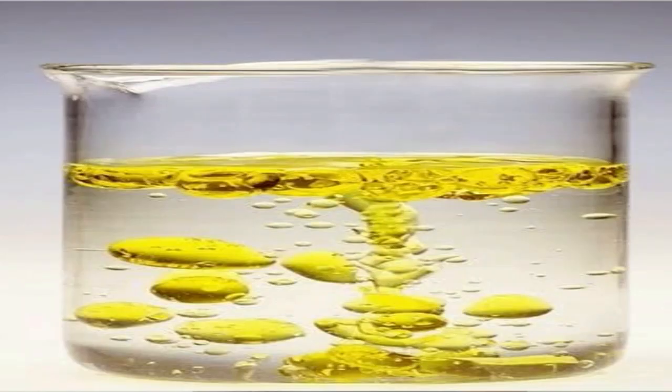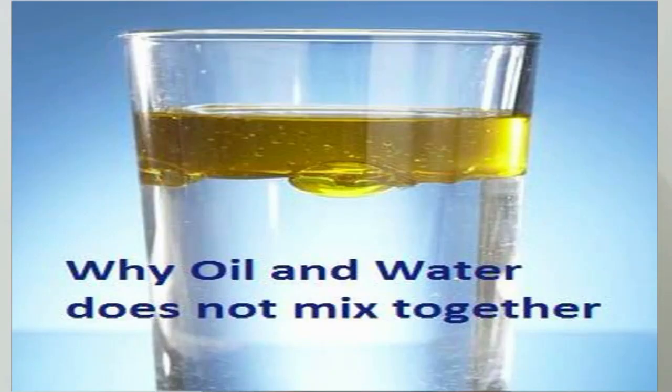In this glass, we can see oil never mixes into this water, and this oil always floats on the surface of the water. That means of oil's weight, the oil is so light compared to the water. That's why oil always goes up.